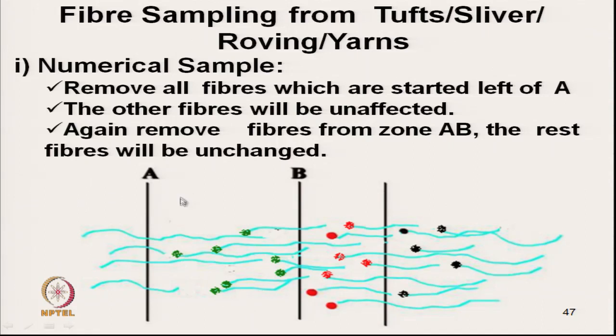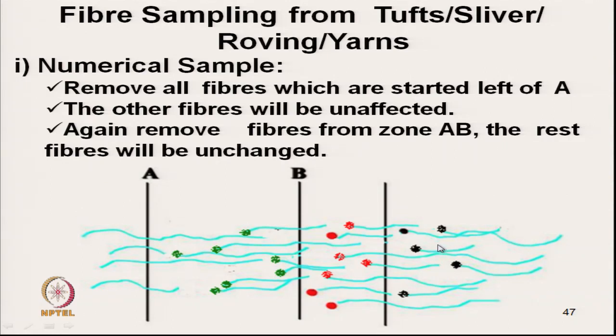Removal of all the fibers that started at the left side of A will leave the other fibers unaffected. Again, removal of fibers from the AB zone, that is the fibers with green tip, will not affect the fibers with red tip or black tip.